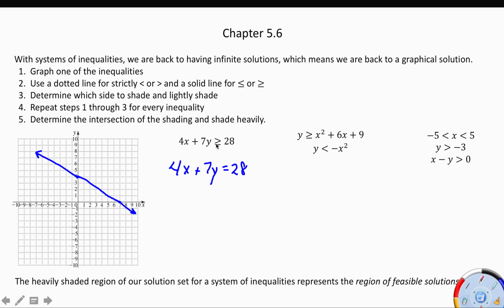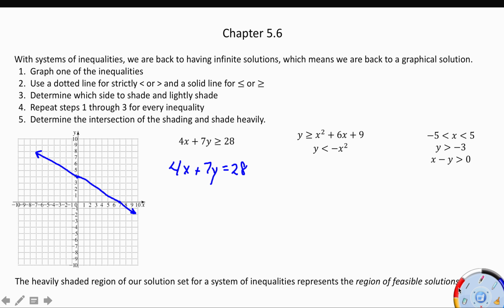I've got the or equal to part graphed. If I didn't have the equal part, this would still be my boundary line, I just wouldn't want to include it, and we would do that by drawing the line as a dotted line. But this one has the equal part, so it's part of my solution. I can include the values that make 4x plus 7y equal 28.